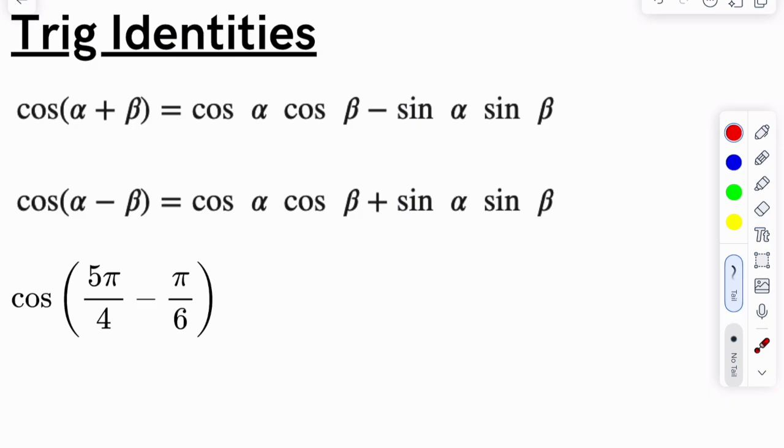So, let's imagine we've got a question that says, find cos of 5 pi over 4 minus pi over 6. How do we go about doing that? And let's imagine that they want us to show our working in full.